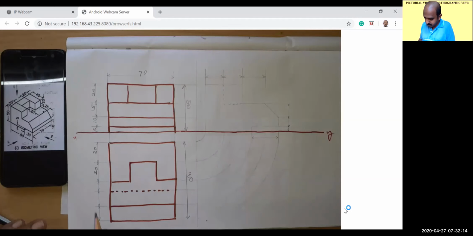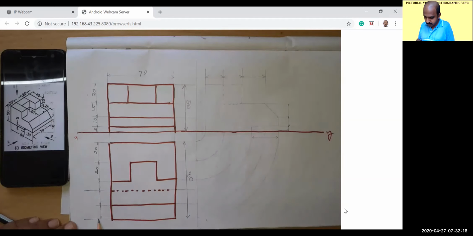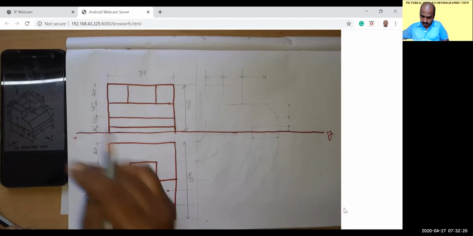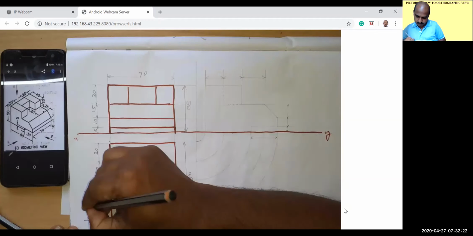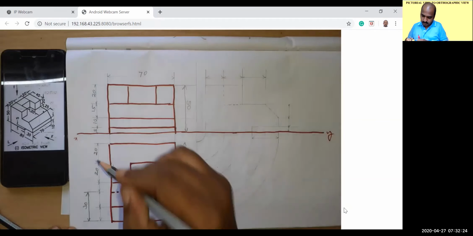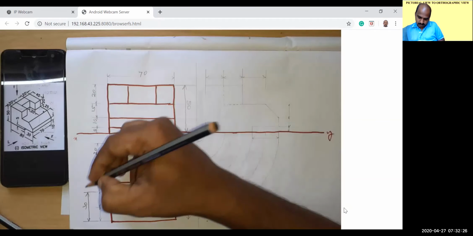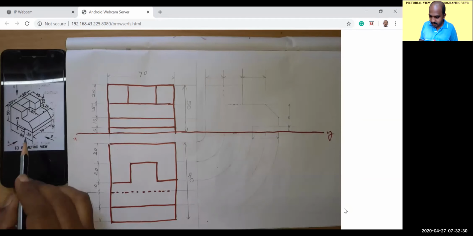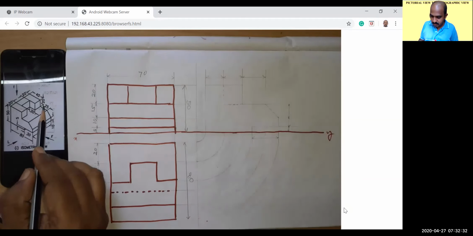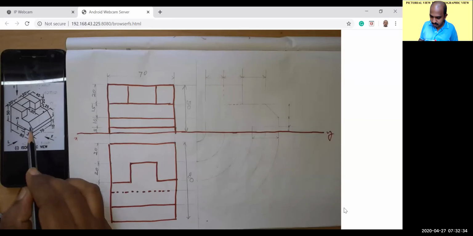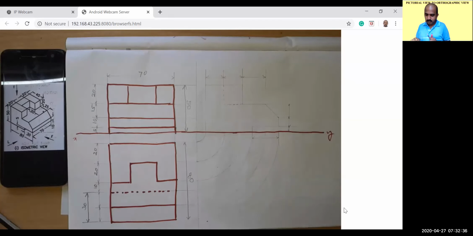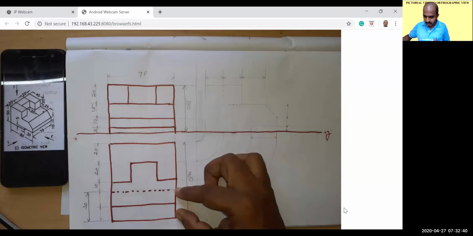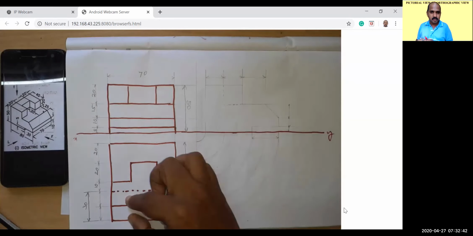Now up to this, the dimension is 30. Remaining is 40 plus this 10. And within that 30, how much is it up to this? This is 25, so this is equal to 50. Up to this is a total of 30 and half of this is 15. That I am not mentioning here.